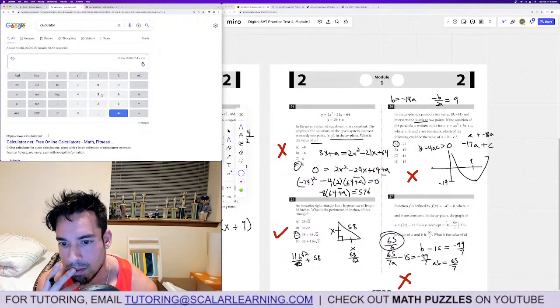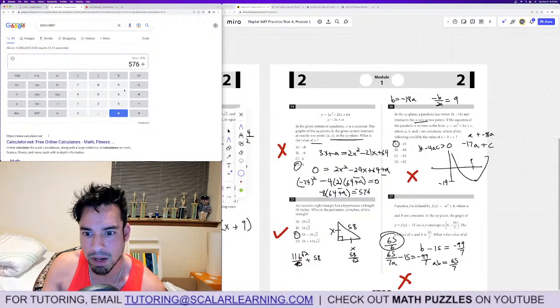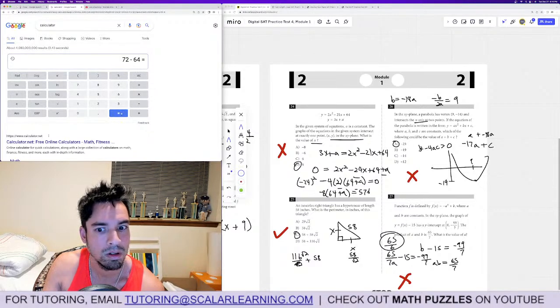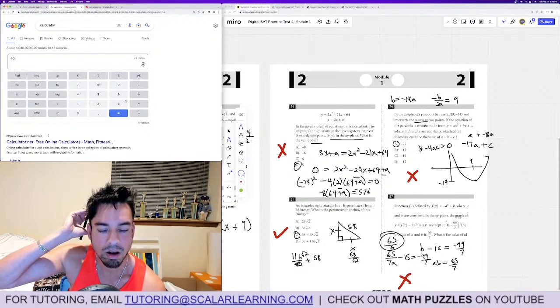So negative B squared minus 4A, and then C, 24. Let's make sure 24 times 24 was 576. I think I did that in my head. Yeah, that's right. Divided by 8. And then it's minus 64, but then it would be divided by negative.